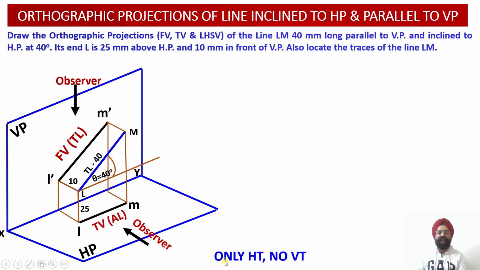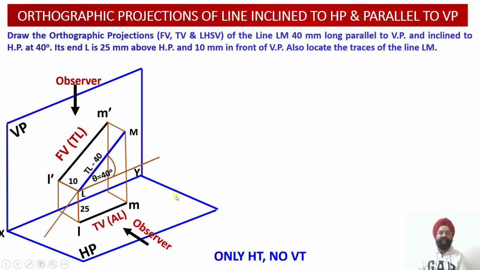And this line LM is inclined to the horizontal plane, so when extended, it is going to meet the horizontal plane at some point. Please check, is this line itself intersecting with the horizontal plane? The answer to this question is no.